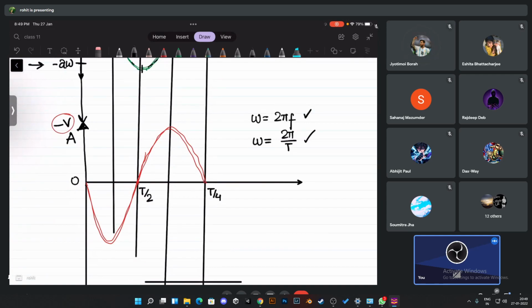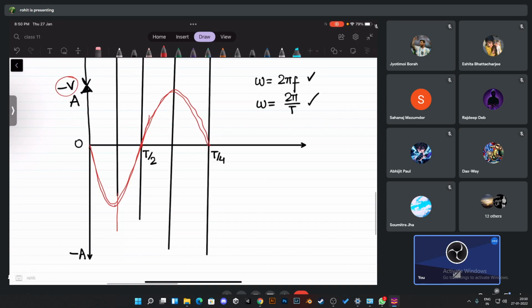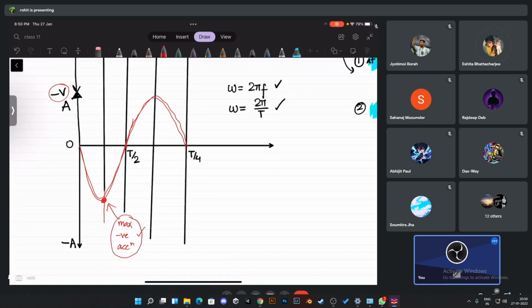Now tell me, guys, at which positions, please check, does this correspond to maximum negative acceleration? Correct? Check, guys. Yes. And this corresponds to what? Maximum positive acceleration. Without looking anywhere, can you tell me what will happen when the acceleration is maximum?